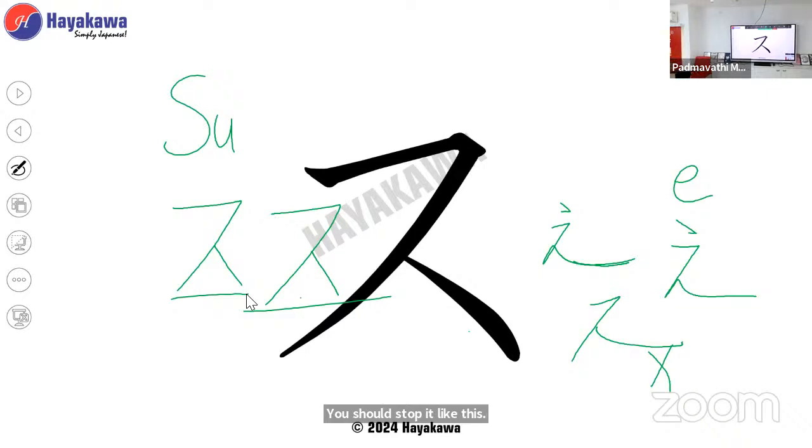So this is A, hiragana A, and this is su. Sa, shi, su.